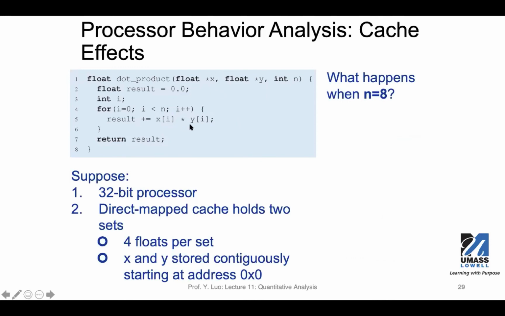From just looking at the code, you will think that it's exactly the same, right? It's the same multiplication, same accumulation, nothing changes except n is now a bigger upper bound for the for loop.